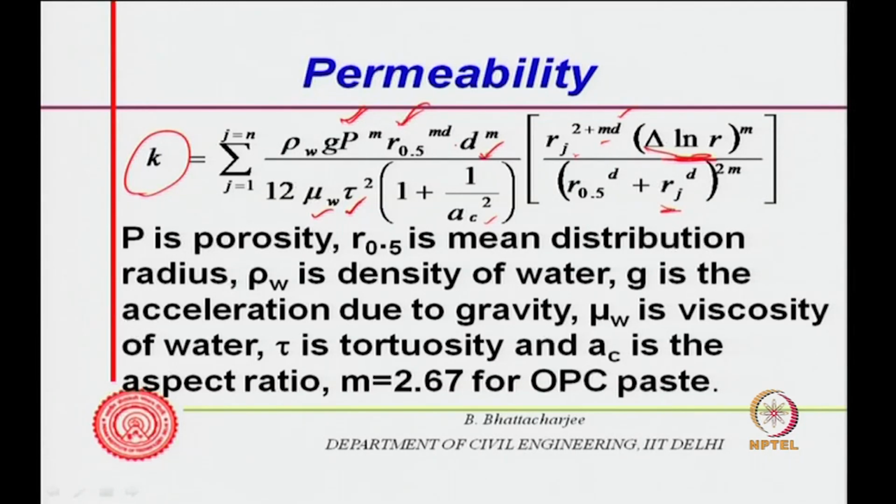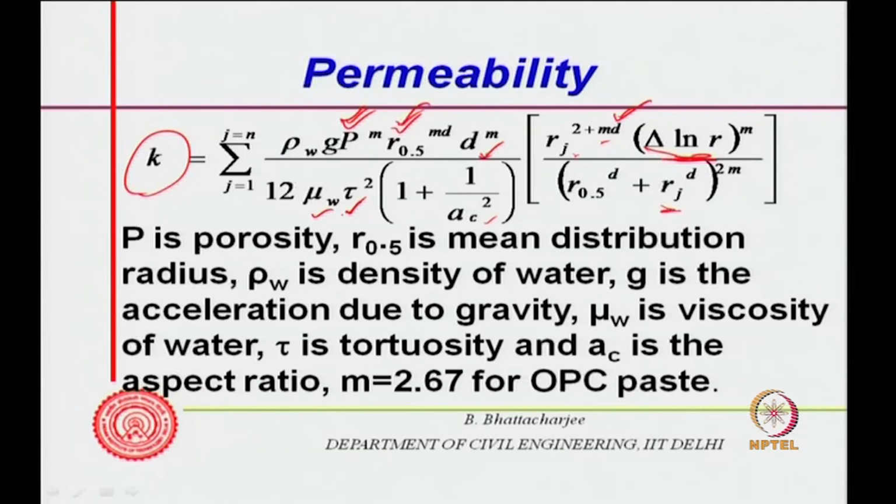So, in a nutshell, what we see? We see that K depends upon pore size distribution. As many sizes as you have, K will vary accordingly. It also depends upon dispersion of these pores and mean radius. Now, all this and P itself depend on water cement ratio, average particle size of cement or even particle size distribution of the cement, and age.